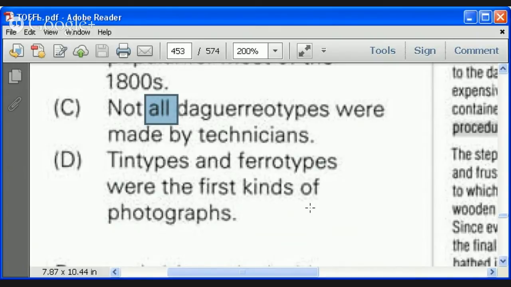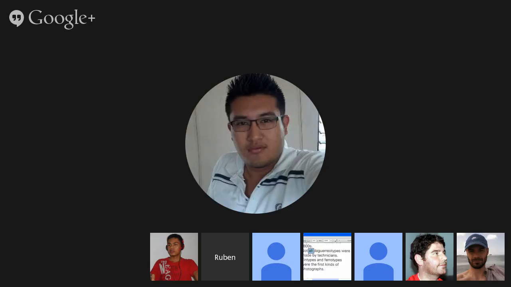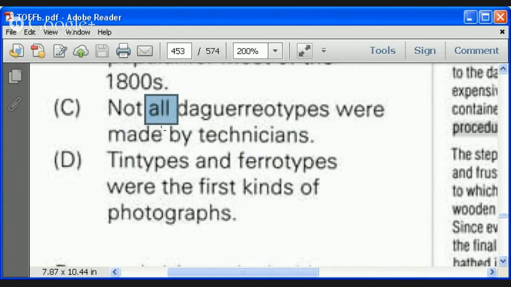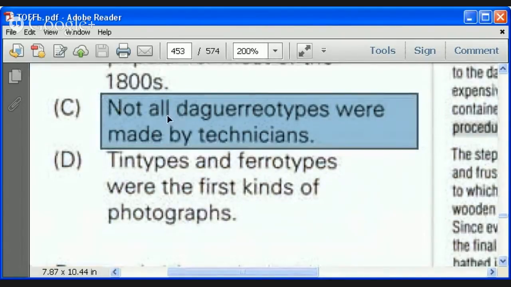Just as an example, but in general, these academic articles avoid absolutes because that's a trap. Then they can be easily refuted. So it's going to be very rare that they're going to use absolutes in these articles. So look at these possible answers very carefully.